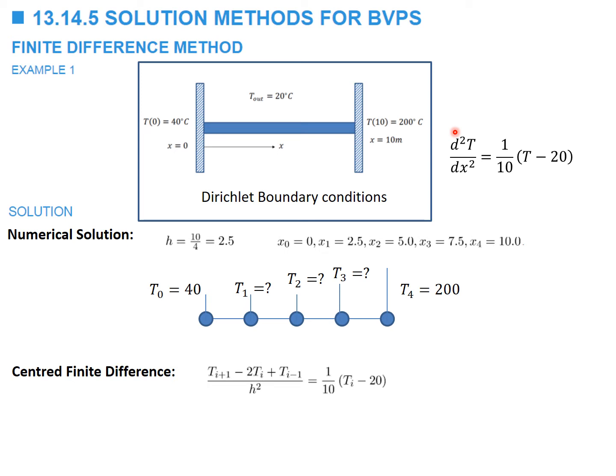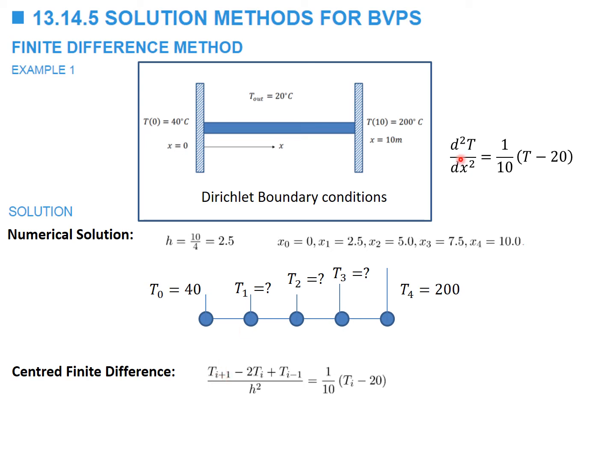If you go back and look at the centered finite difference numerical approximation for the second derivative of a function, the centered finite difference of the second derivative is given as the following.